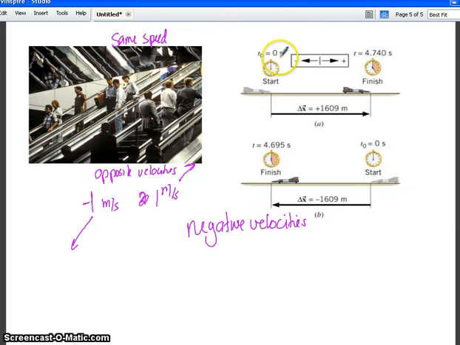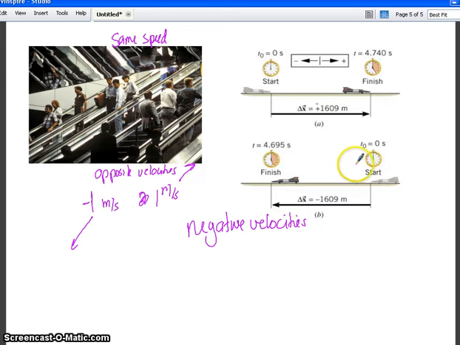If you look at this picture right here, this very fast jet car is driving down, and it covers 1,609 meters in 4.70 seconds. I believe this is an example of the fastest car in the world.